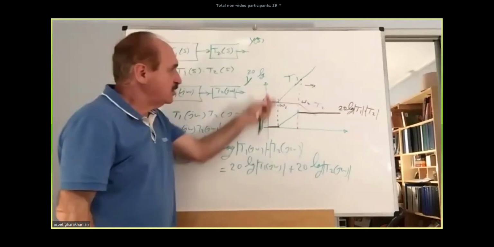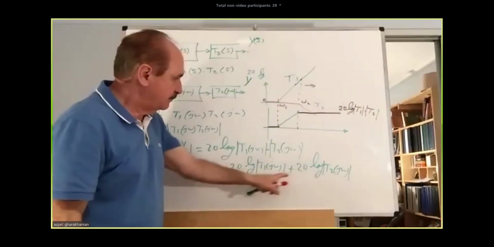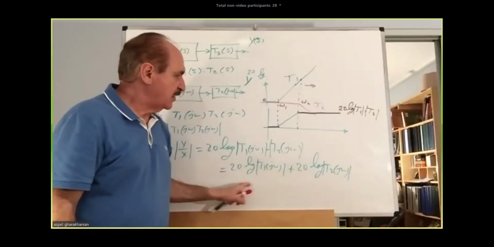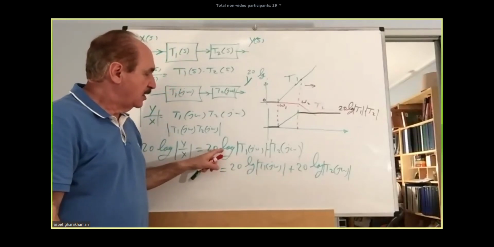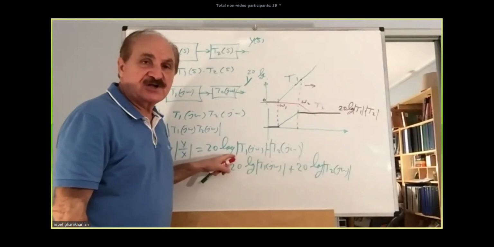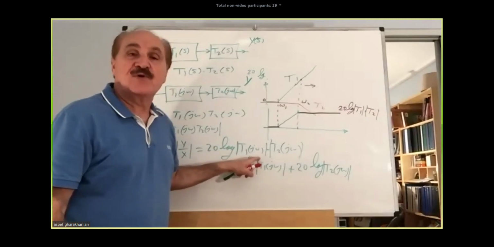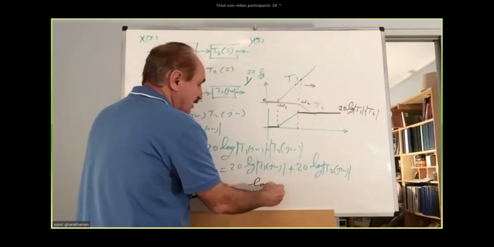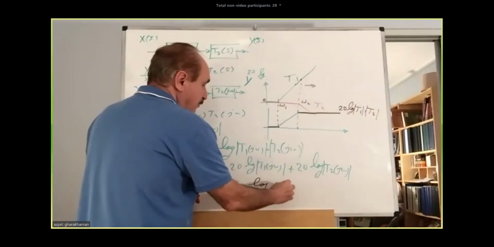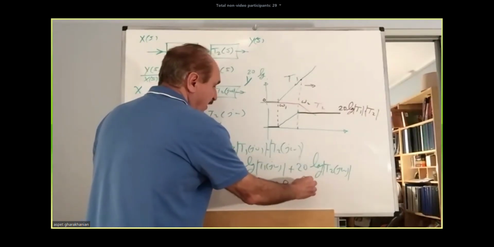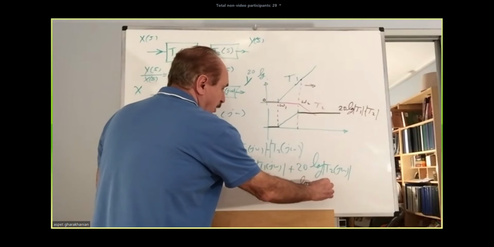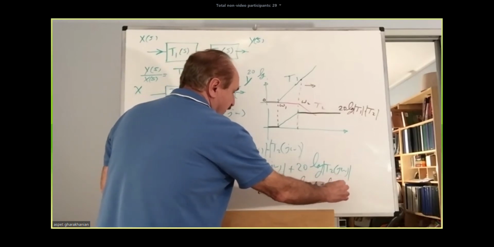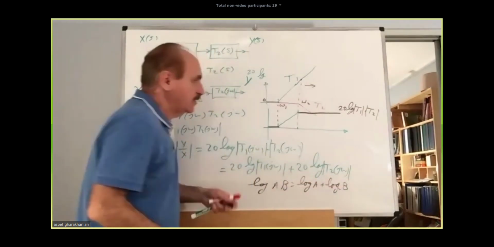Because addition in the logarithmic scale, addition of the log is equivalent to the product of the function. So it's the logarithm of the product. Yes, of course you know this, that the log of A times B is log of A plus log of B. That's the fundamental rule of the logarithm.